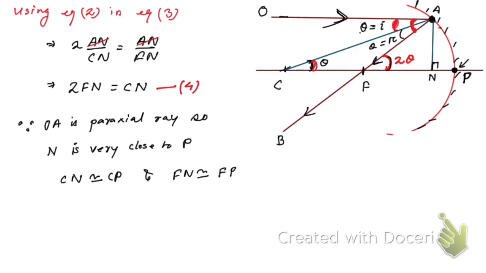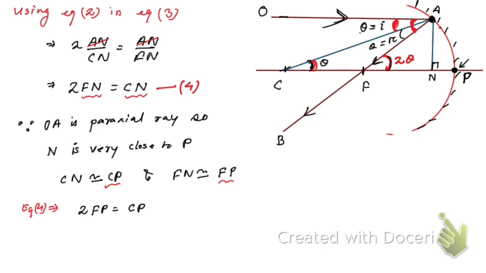So that's why this equation 4 implies, instead of Fn we're going to write Fp, and instead of Cn we're going to write Cp. So equation 4 becomes 2Fp is equal to Cp. That's what we have got, right?